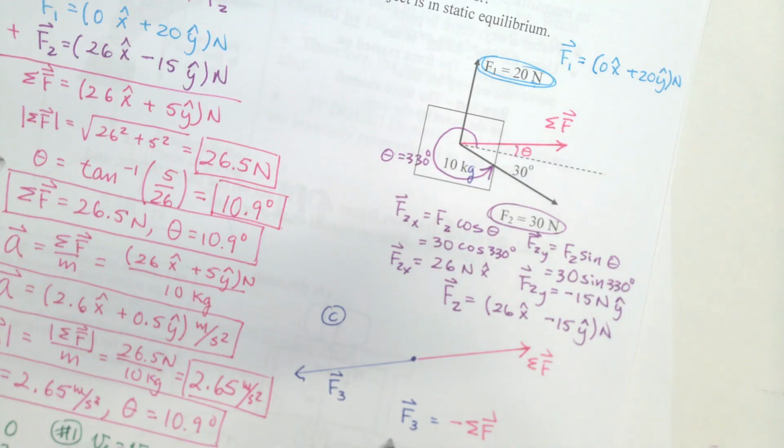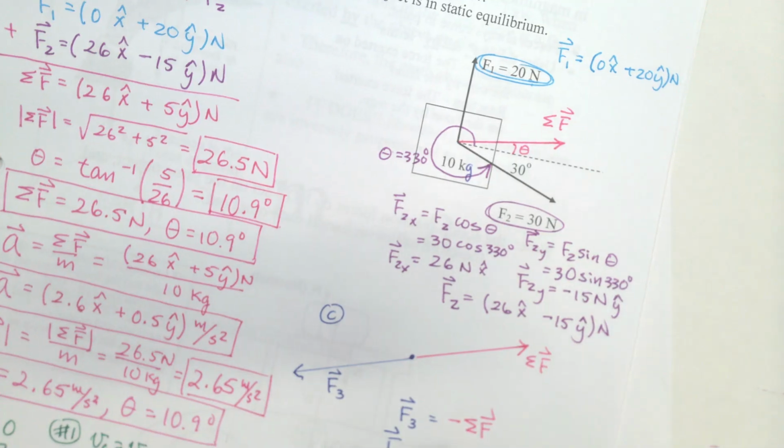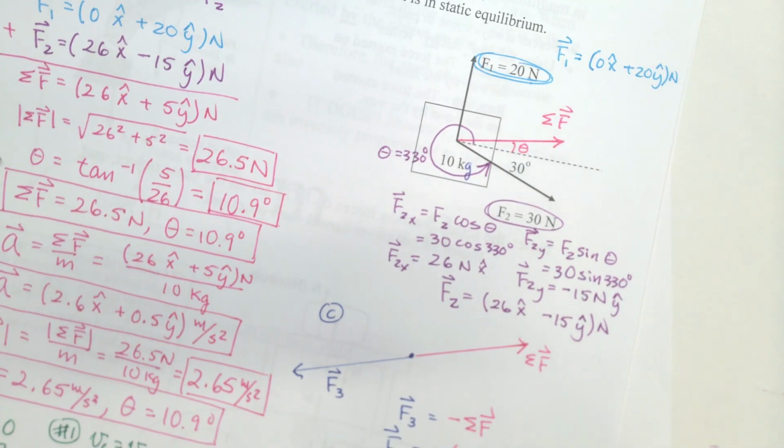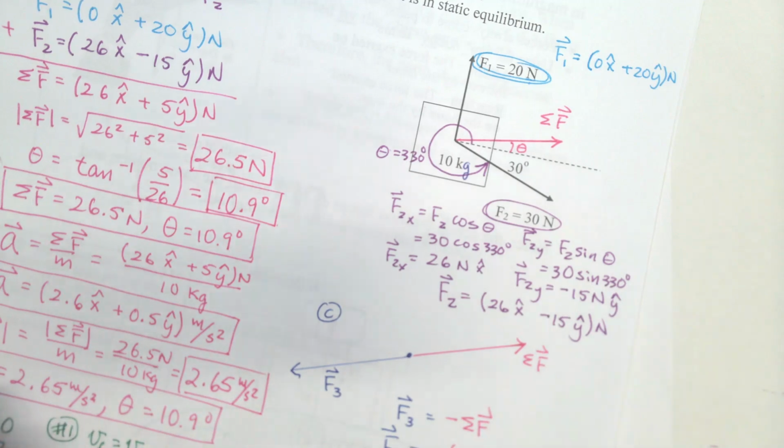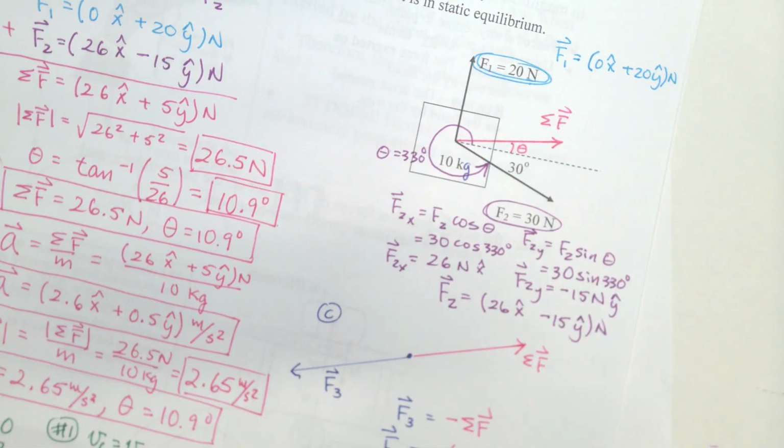So you can say my F3 is equal to negative of 26x hat plus 5y hat newtons. So now my F3 is equal to negative 26x hat minus 5y hat newtons.